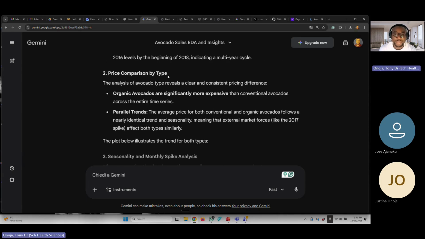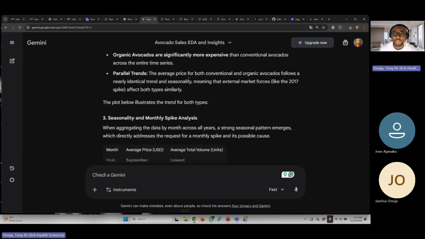Then the price comparison by type. The analysis of avocado revealed a clear and consistent pricing difference. Organic avocados are significantly more expensive than conventional avocados across the entire time series. Parallel trend: the average prices for both conventional and organic avocados follow a nearly identical trend and seasonality, meaning that external market forces like the 2017 spike affect both types similarly.